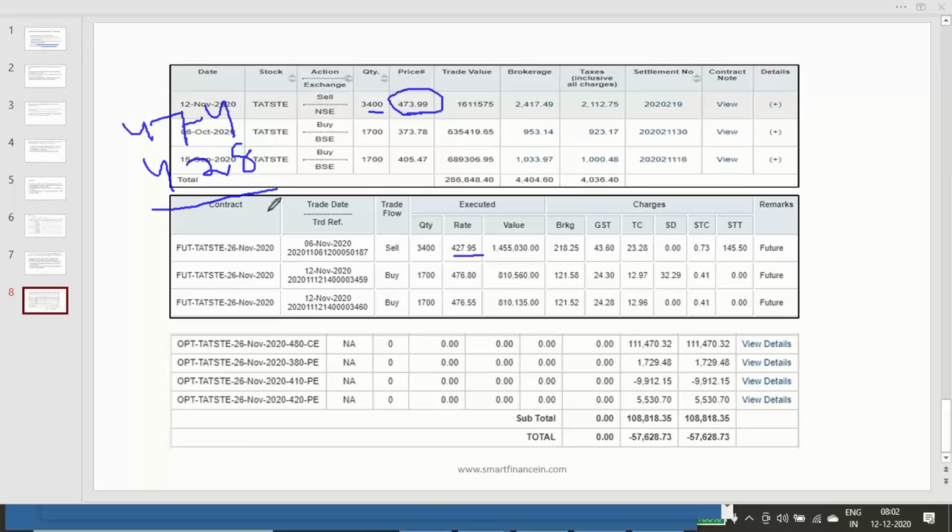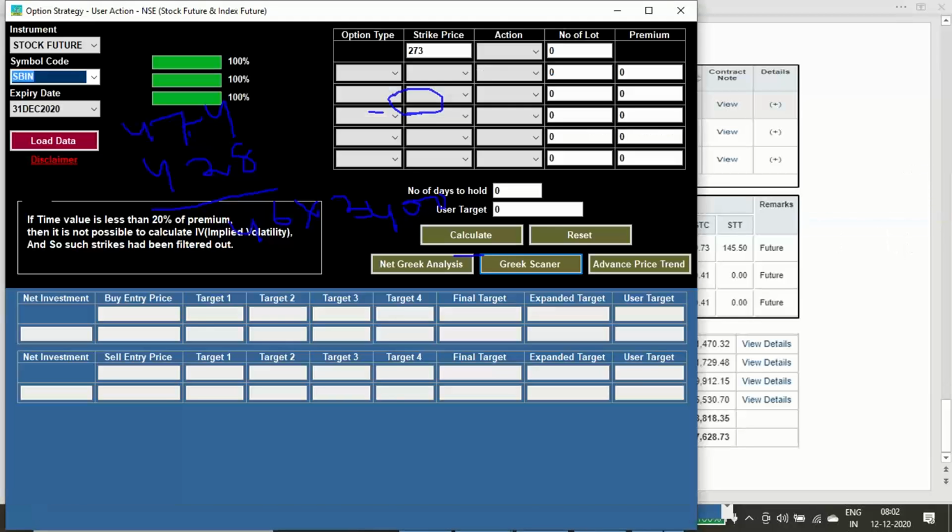Equity, I am getting 46 into 3,400. So equity is contributing 46 rupees more. If I would have sold at 427, I would have got 427 only. So now equity is contributing 46 rupees more.